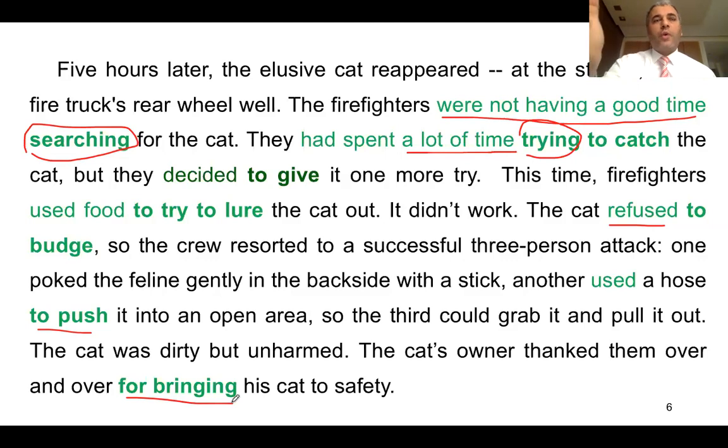You have charts where you have expressions followed by gerunds only. You have charts where you have lists of expressions followed by infinitives only. And then you have charts where you have lists of expressions that can be followed by either gerund or infinitive. And these lists, you need to remember them, because this is the way it works for chapters 14 and 15. Whenever you have those expressions, you know what to use, either the gerund or infinitive. Now let's explain these slides.